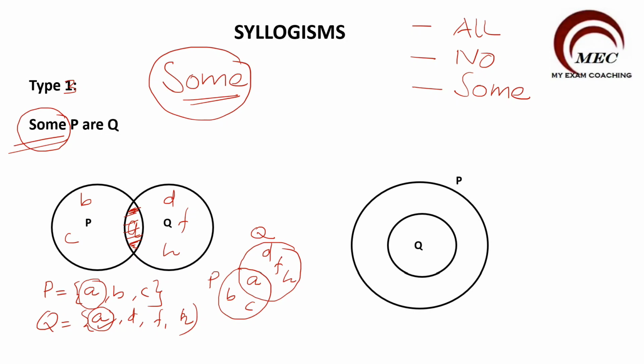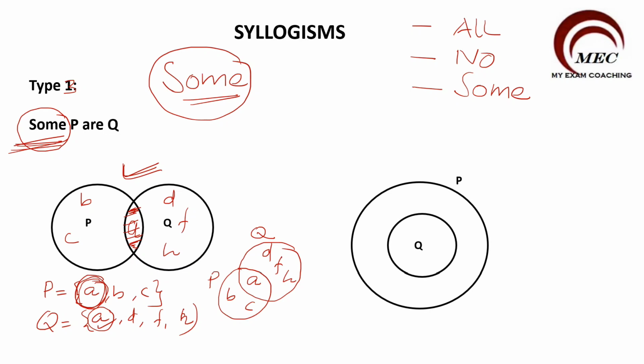So this is the Venn diagram we can draw for this. What is the actual meaning of this? Some part of P are there in Q. That is the word we used here, some. That means A is a common thing. So some part are there. So this is the first way of expressing this sentence in the form of a Venn diagram.